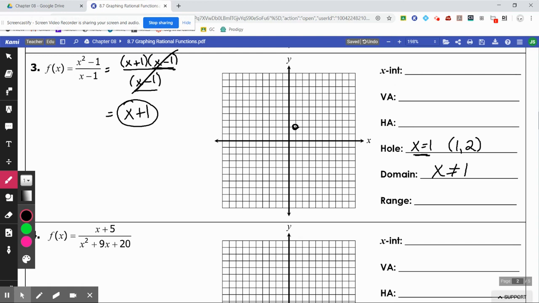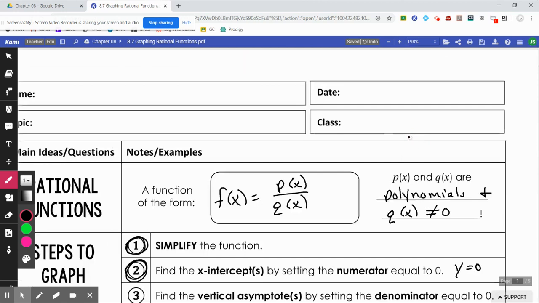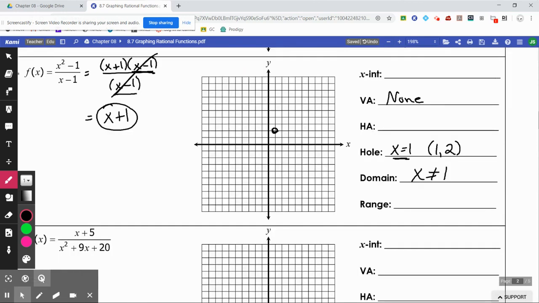So now let's see. I have no horizontal asymptotes, or excuse me, I have no vertical asymptotes because there's no other discontinuity. Since the degree of the top is bigger than the degree of the bottom, I will have no horizontal asymptote either, so none.